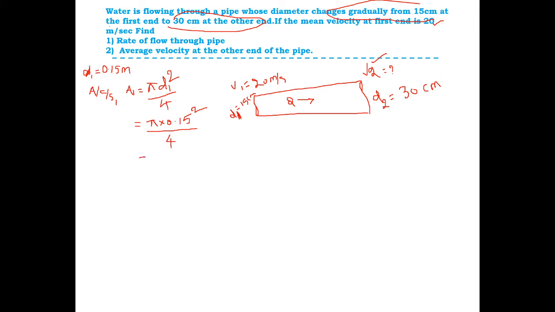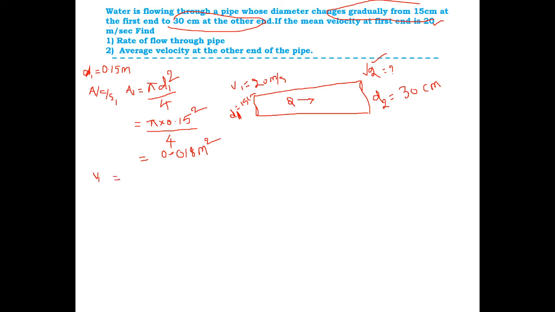How much? Pi D1 square by 4 is equal to, just to solve it, 0.018 square meters.